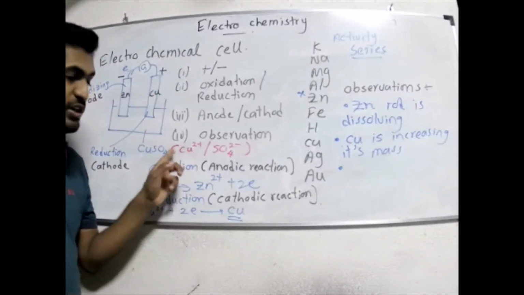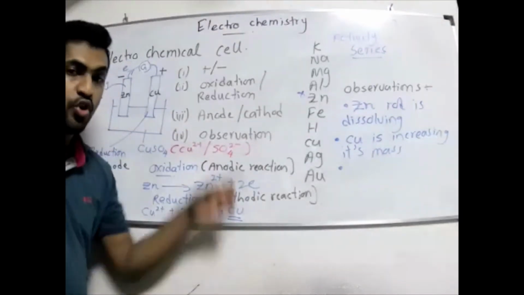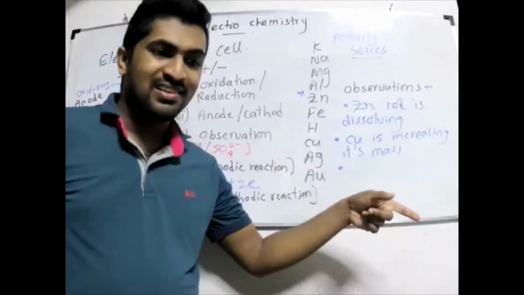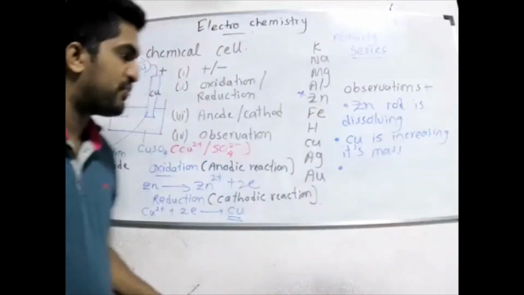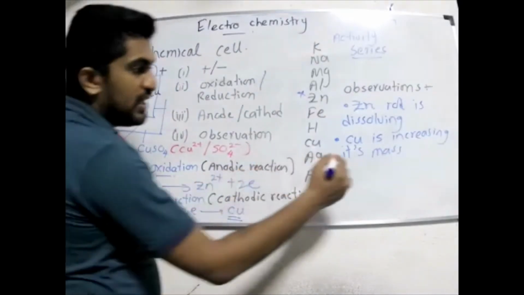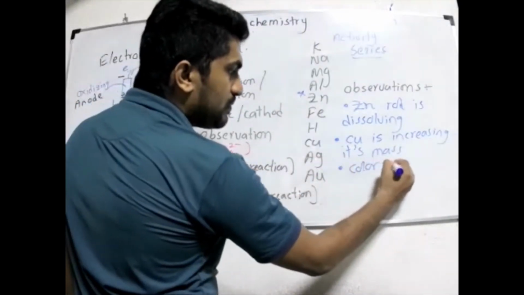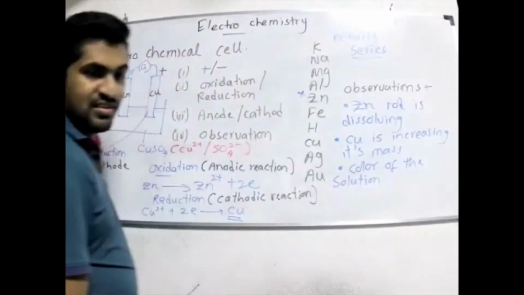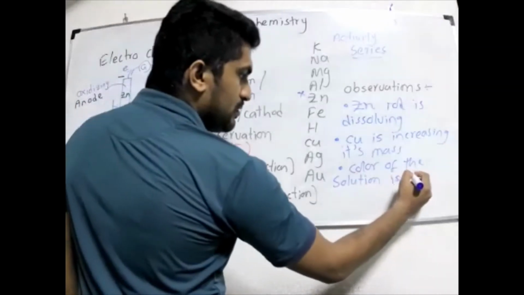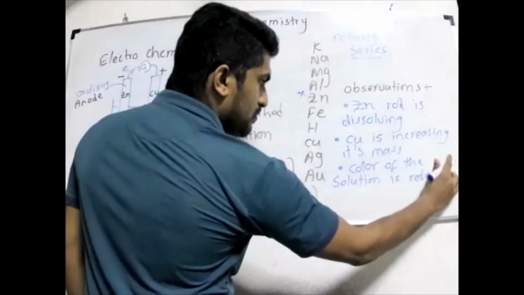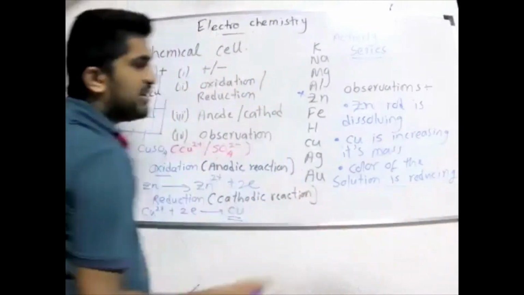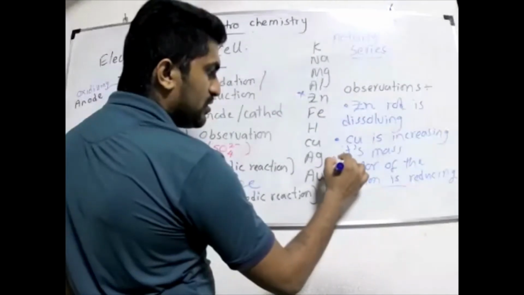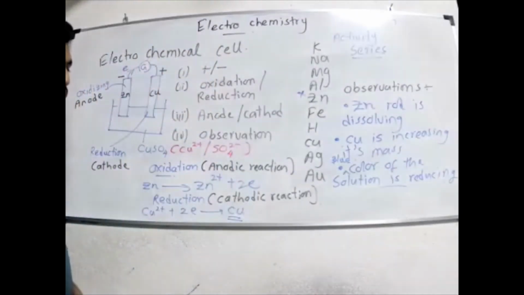Then what happened to the copper 2 plus of the solution? It is reducing. So you have to say the color of the solution is reducing. If you need, you can write: the blue color of the solution is reducing.